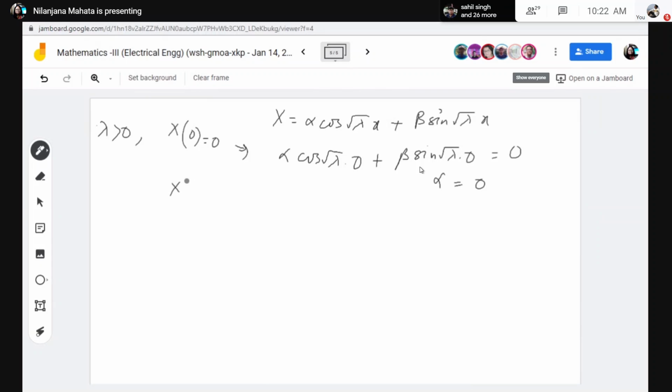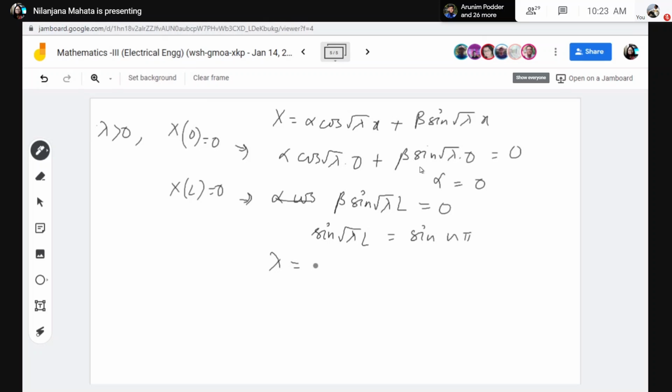Now X(L) is equal to 0 implies, since alpha is 0, and if your beta is 0, then both alpha and beta are 0, so it will be trivial. So for non-trivial solution, beta shouldn't be 0. So sine root lambda L is 0, and you know this is sine n pi.